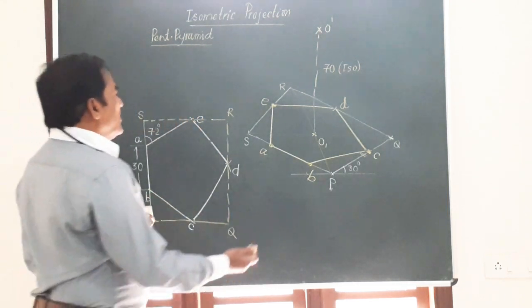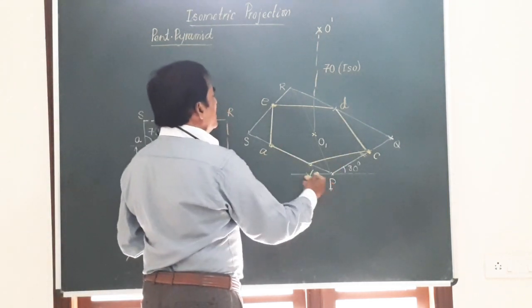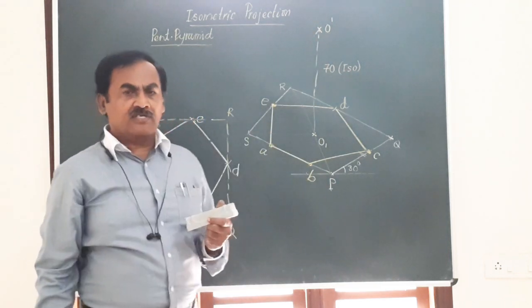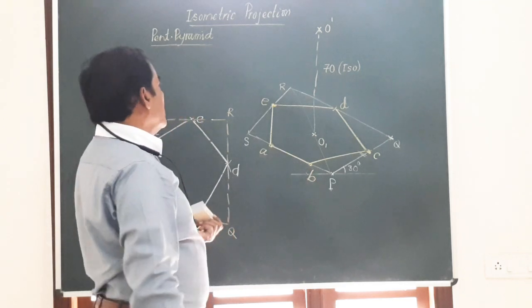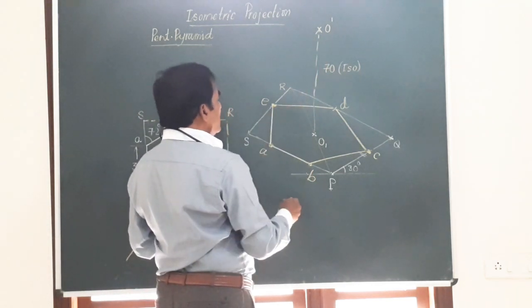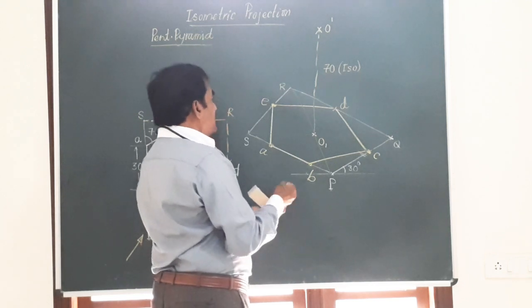Friends, we have the pentagonal base, we have the vertex. To get the isometric projection of this pyramid, I have to join this vertex to all the corners of the base. So that's how I am going to join. Please look at it.